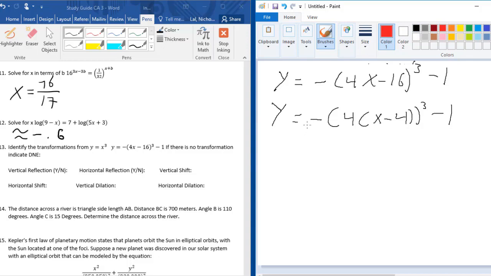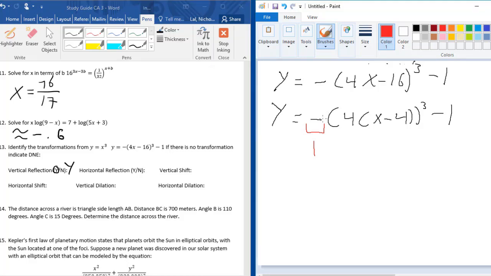This negative sign, that's an x-axis reflection. So is there a vertical reflection across the x-axis? Yes, there is. There is no coefficient outside of the function.